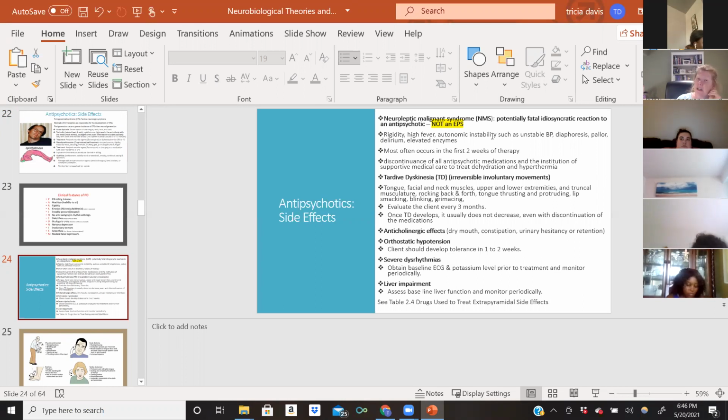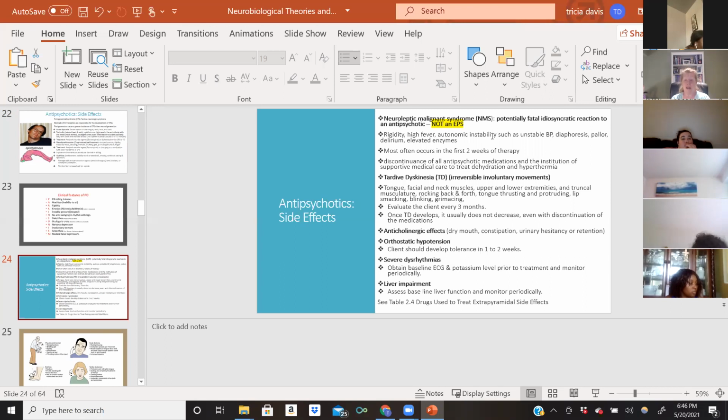If this is going to occur, it usually occurs within the first 2 weeks of therapy. How do they treat it? They discontinue all of the antipsychotic medications, and then they institute supportive medical care to help treat the blood pressure, the dehydration, and the hyperthermia from the fever.